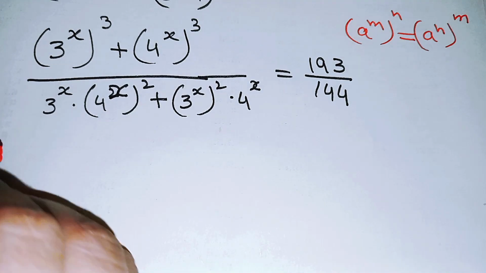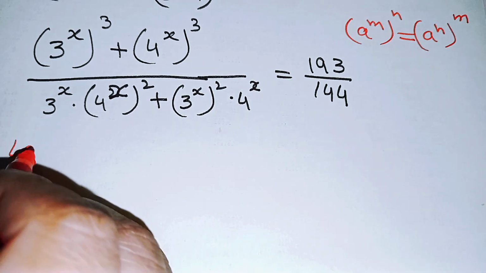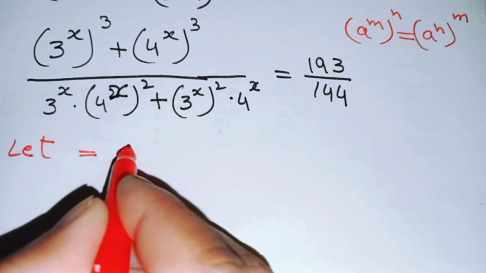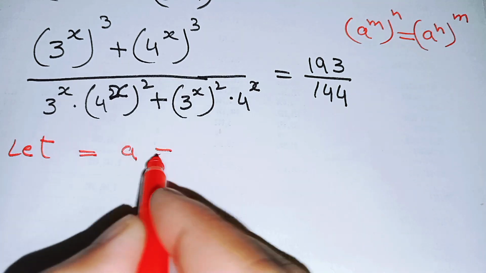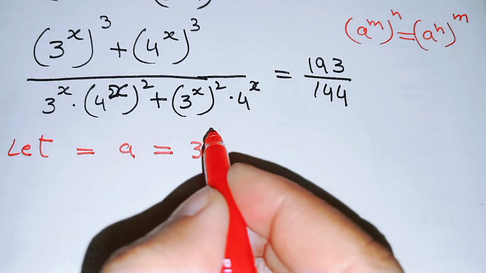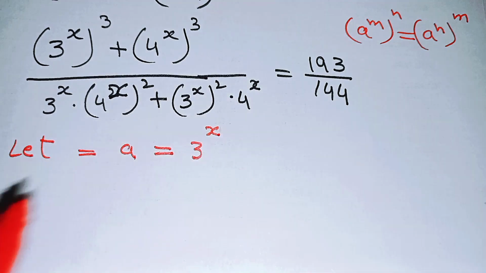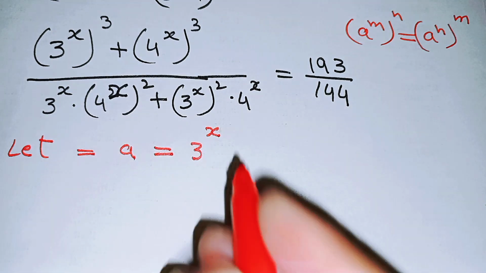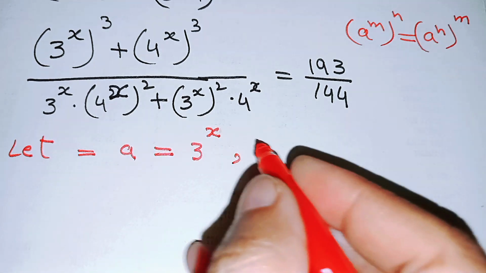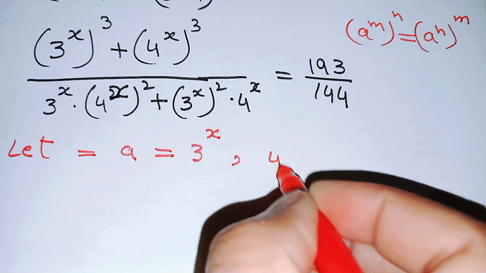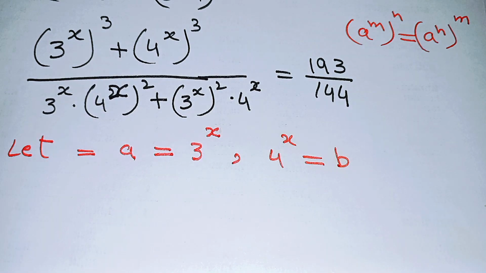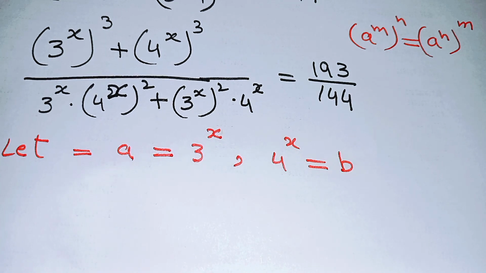So we let 3^x be a, and 4^x be b. Here we substitute these values.